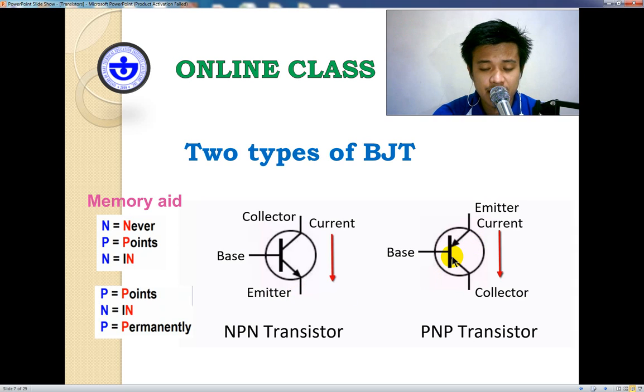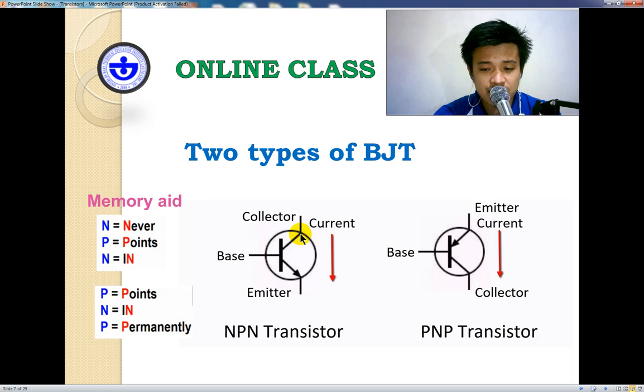On the other hand, in the PNP, the arrowhead is connected to this line in here, so it means this is the emitter. And then the base is the part of this symbol that forms a little letter T. The tail of the letter T in this schematic diagram would be our base. The same on the other side also.